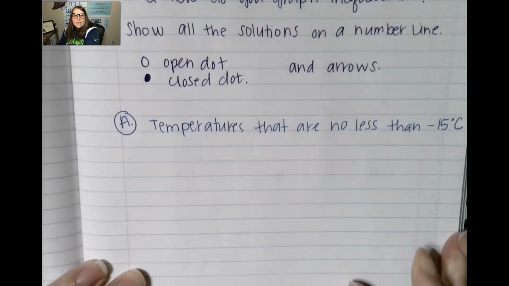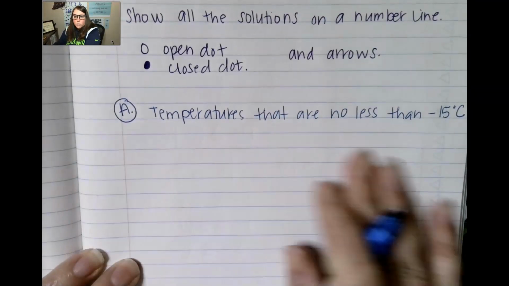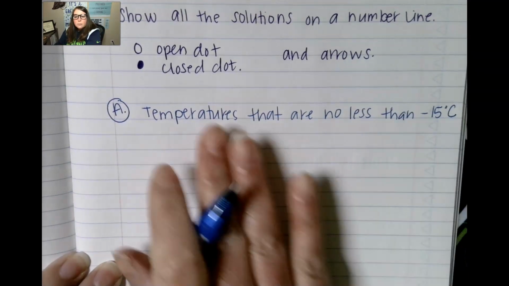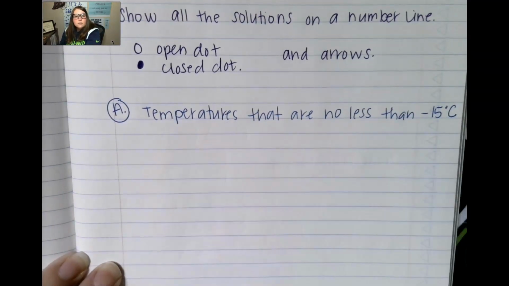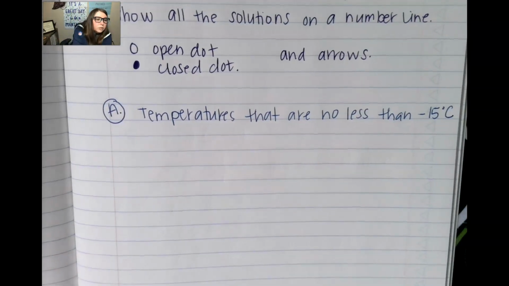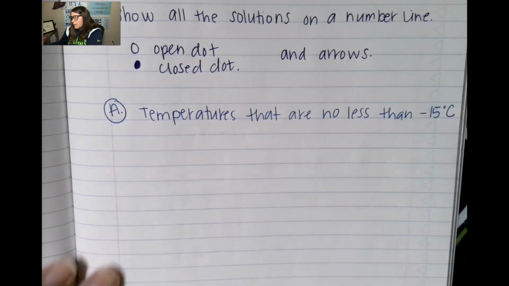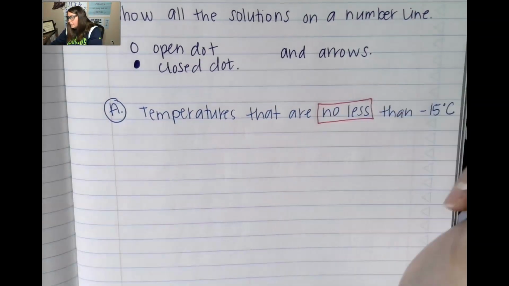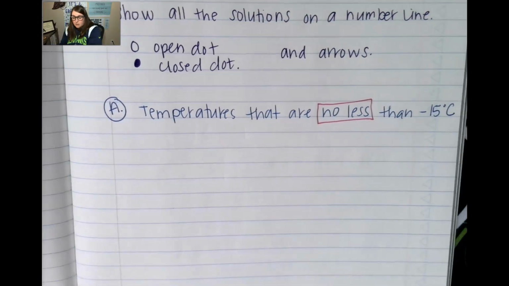Okay, so it wants us to graph or show all the solutions that are possible to temperatures that are no less than -15 degrees Celsius. So first we need to look at some clue words here. Our clue word that we can see is the word no less. No less is the clue word there.